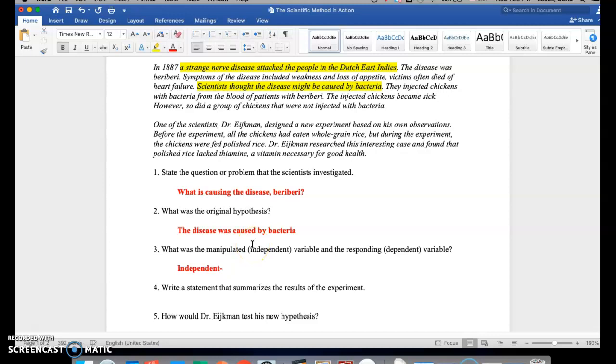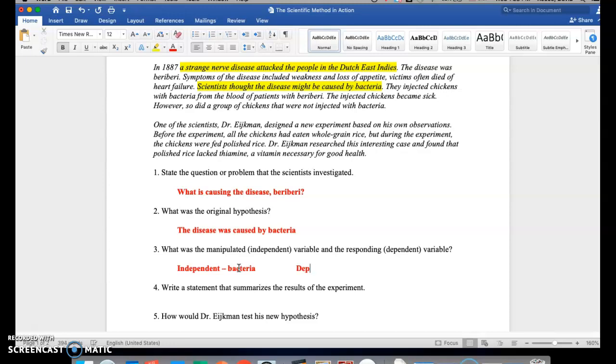So the independent, what did one group of chickens get that the others did not? Okay, and that is one group got bacteria, while the second group did not. So that makes the bacteria the factor that they were testing, or the variable that they were testing.